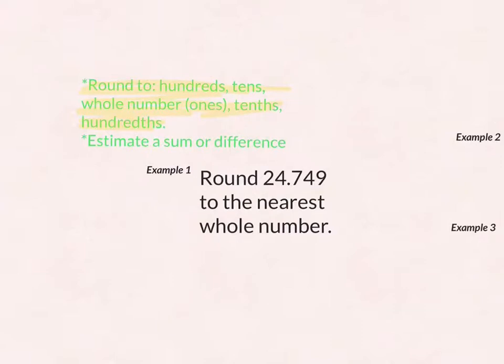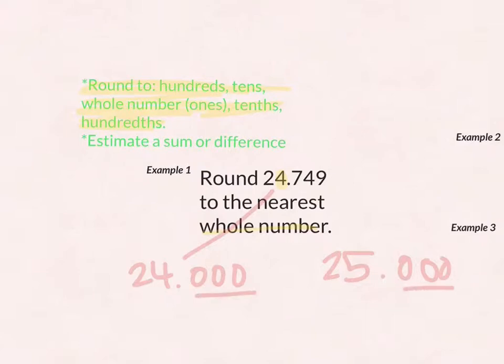And there are different ways to round, but in this case we're rounding to the nearest whole number, which is the ones place. So in other words, we're basically asking here, is this number closer to 24 or is it closer to 25? So that we can have a nice even number. Of course we would not write this, but we're rounding the 749 thousandths to zeros, and then we would end up just writing it as 24 or 25 since 0 is nothing.